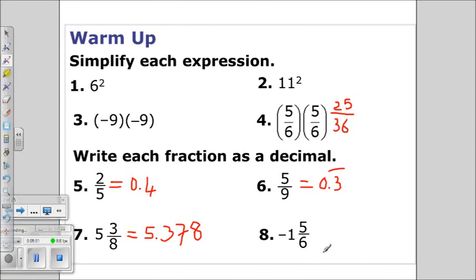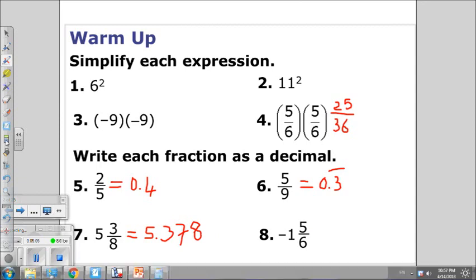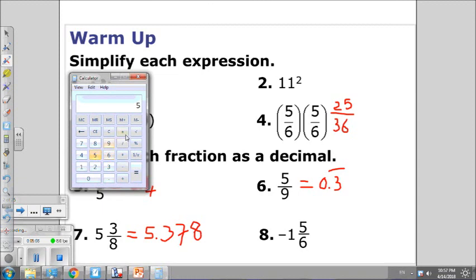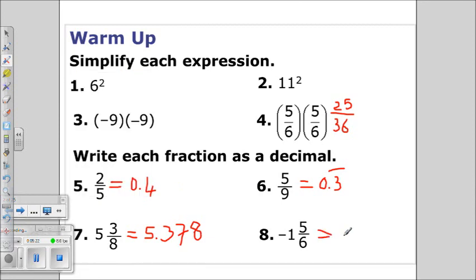Also the second one, number 8 here, negative 1 and 5 over 6. So we can say that 5 over 6, 5 divided by 6 equal 0.83333. Okay, plus negative 1. So in this case it will be what? Equal negative 0.1666 and repeating digits of it.